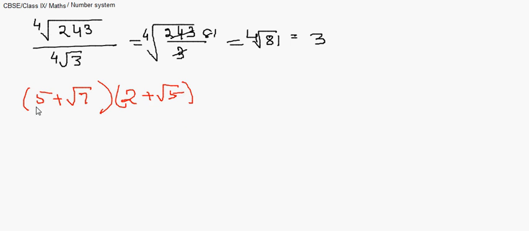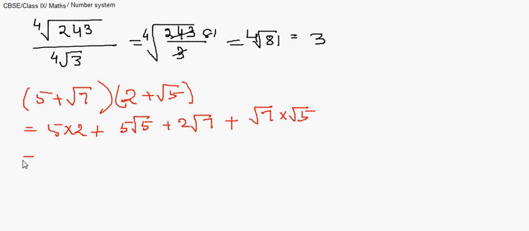So we will multiply, that's 5 into 2 plus 5 into root 5 plus root 2 into root 7 plus root 7 into root 5.